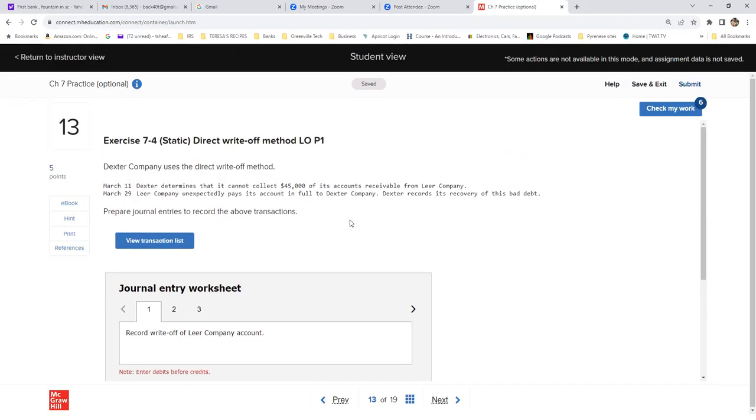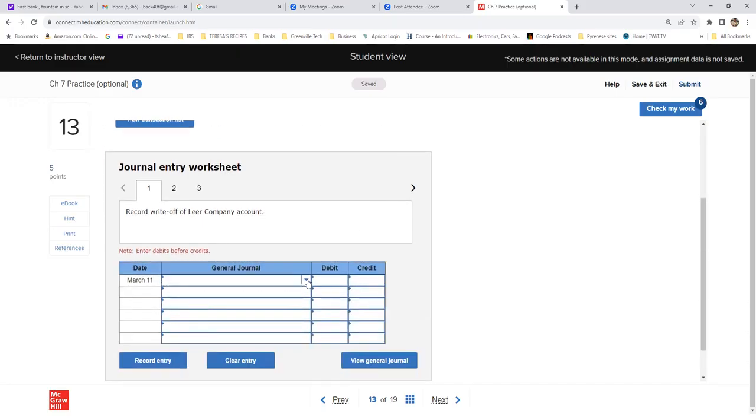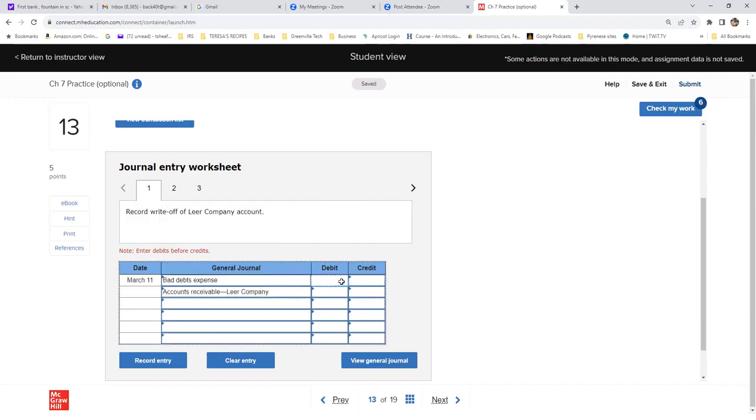The first thing we're going to do is write off the bad debt. Debit bad debt expense, and we're going to credit accounts receivable. If we weren't using the direct method, we'd be doing this with the allowance for doubtful accounts. But the direct method doesn't have an allowance for doubtful accounts.